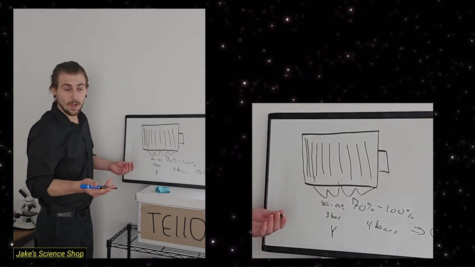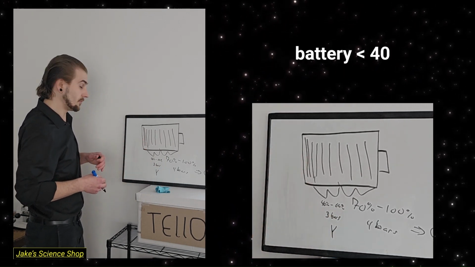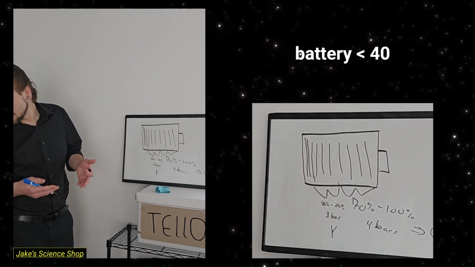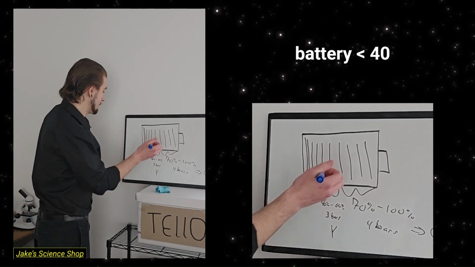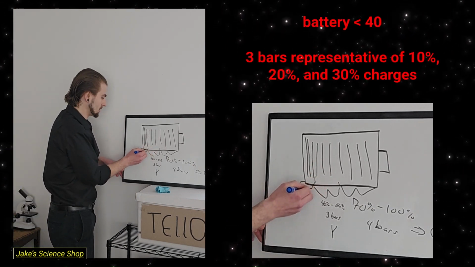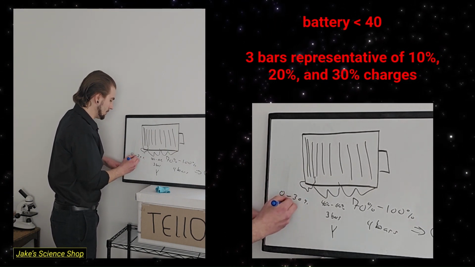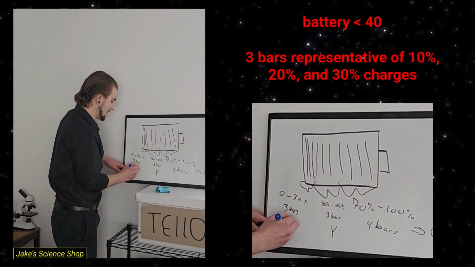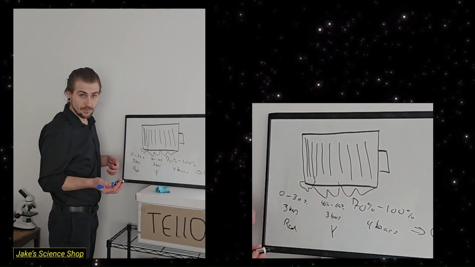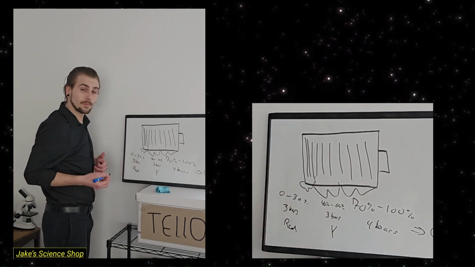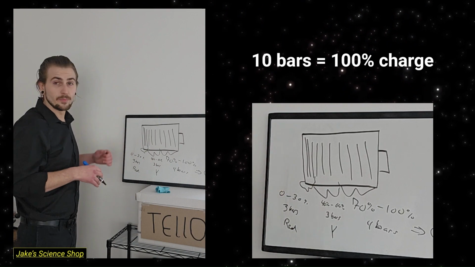Nice. Now, what are we left with? The last 4? Or is it 3? Well, it's the last 3. So these last 3 here, we'll have those be from 0 to 30%, 3 bars, red. And that makes for 3 plus 3, 6 plus 4, 10. 10 bars, we have them each colored.